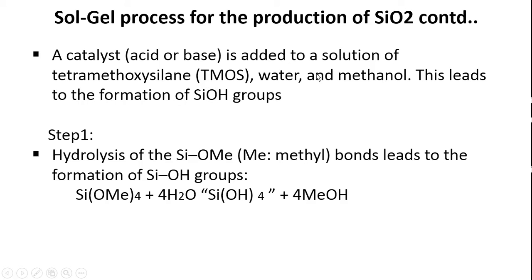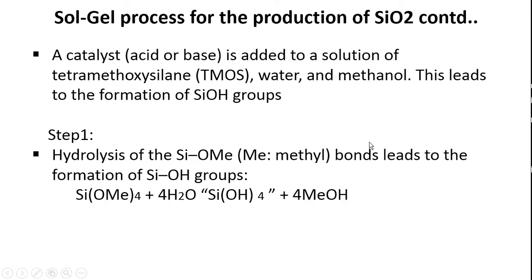Okay, a catalyst, whether it is acid or base, is added to the solution of tetramethoxysilane, water and methanol. This leads to the formation of SiOH groups. When this is put together, the catalytic acid or base added to the tetramethoxysilane, water and methanol will make SiOH groups, that is silicon hydroxide groups.